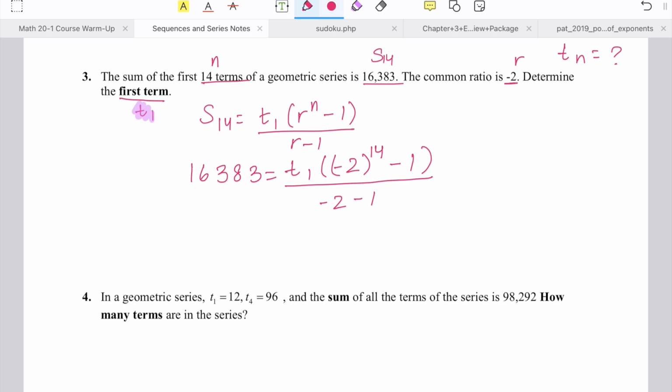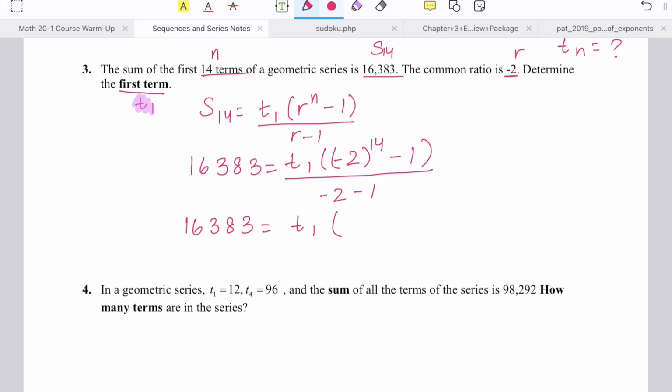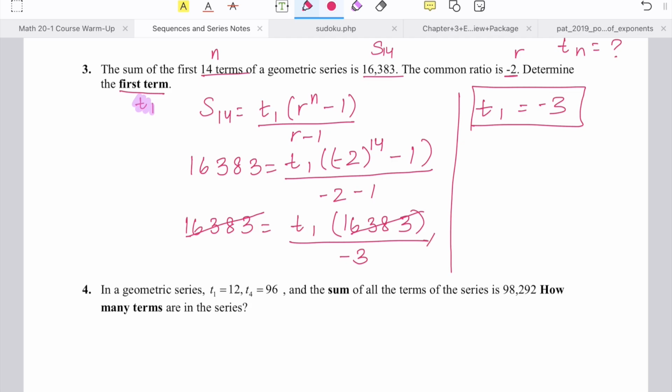So let's simplify this. 16,383 is equal to T1 times negative 2 to the power of 14 minus 1. If you put that in your calculator, it will be 16,383. Negative 2 minus 1 is negative 3. So this and this cancel, and we are left with T1 is equal to negative 3, because we multiply both sides by negative 3.